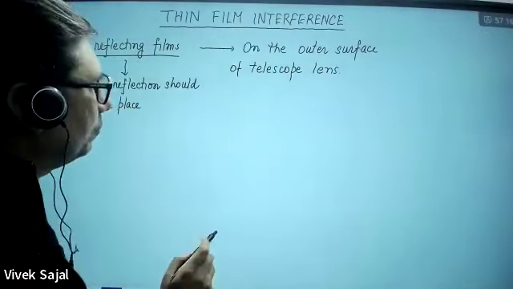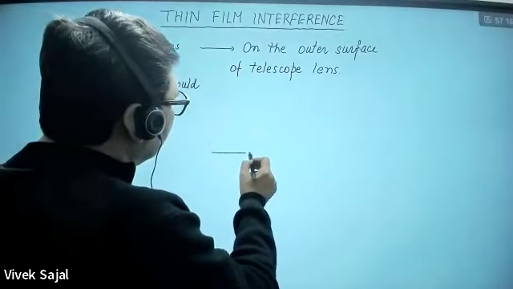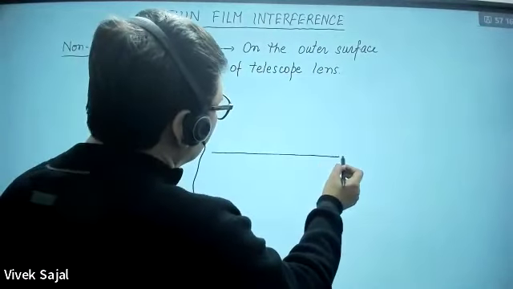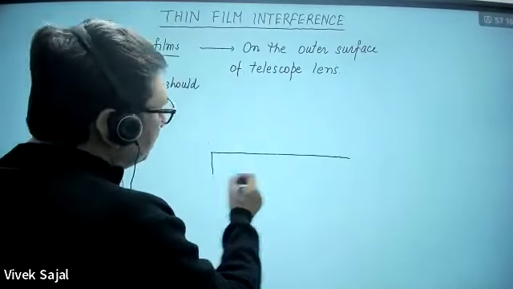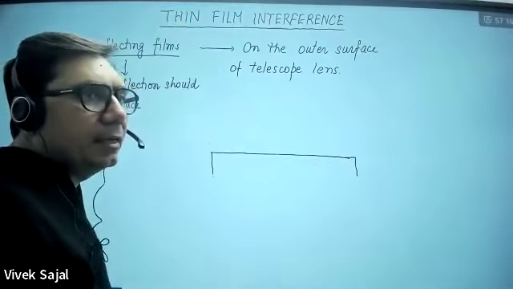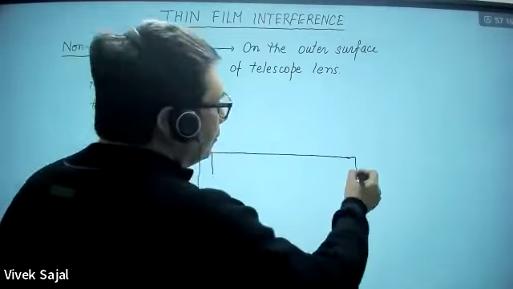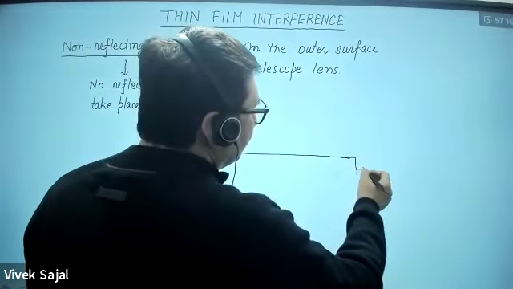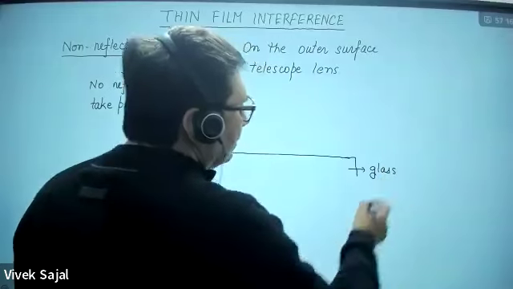So what is important here? Here there will be a substrate. You can say this is a glass substrate, which may be a lens or any other object on which we want to do this coating. On this glass, we want a thin film coating.